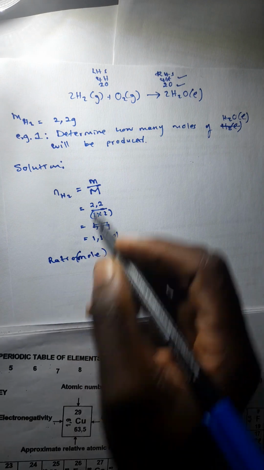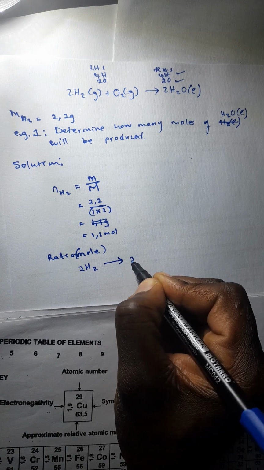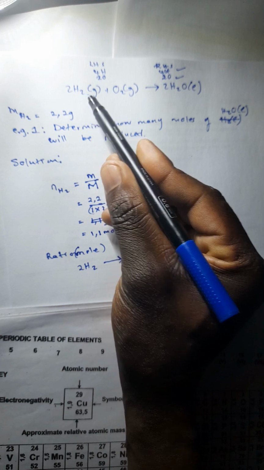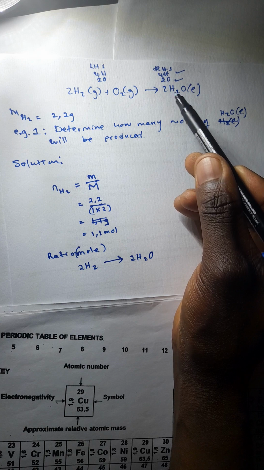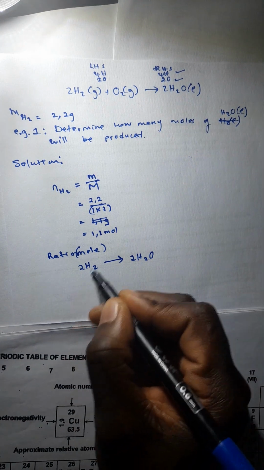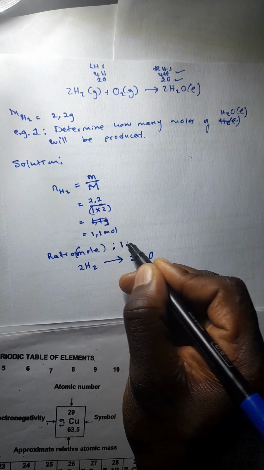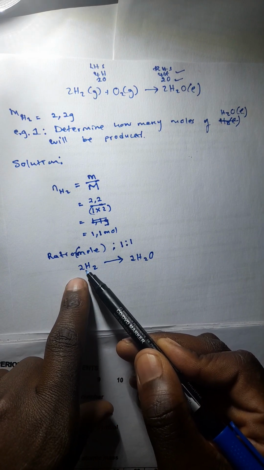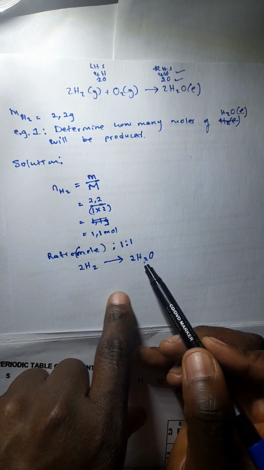It says 2 moles of hydrogen gas gives you 2 moles of water. Therefore, the mole ratio is going to be 1:1. What does it mean? For every number of moles you have for hydrogen gas, you get exactly the same number of moles for water.